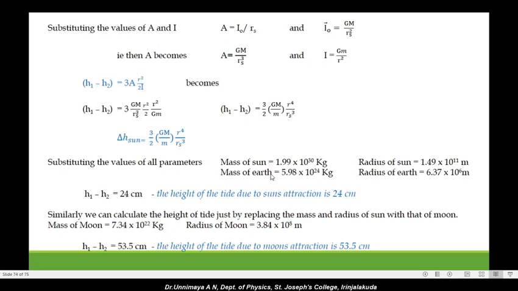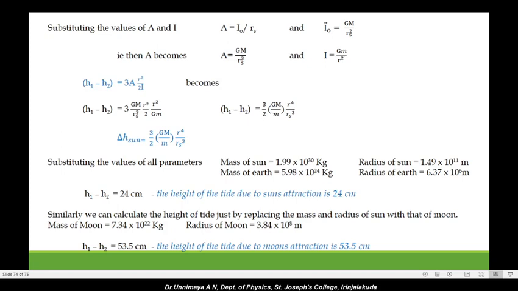Similarly, the mass of earth small m is 5.9 into 10 raised to 24 kilogram and radius of earth r is 6.37 into 10 raised to 6 meters. So substituting these parameters and the value of this constant G, we will have h1 minus h2 is equal to 24 centimeter. That is, the height of the tide due to sun's attraction is around 24 centimeter.